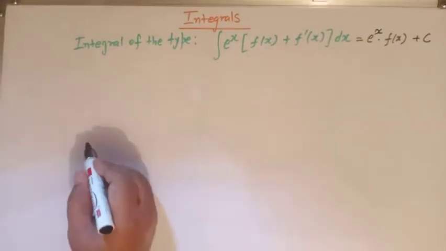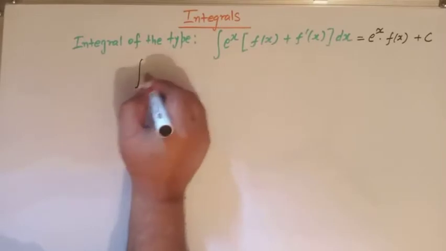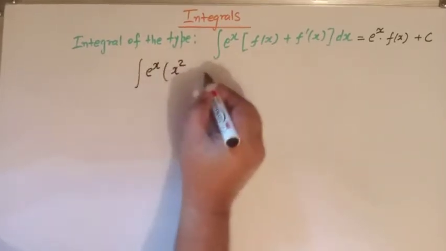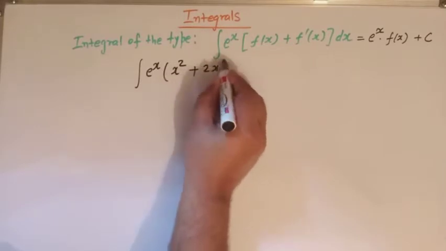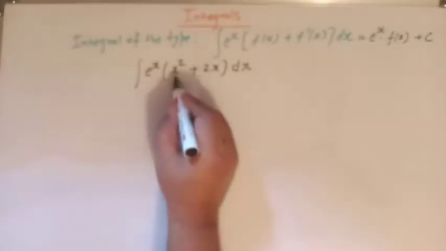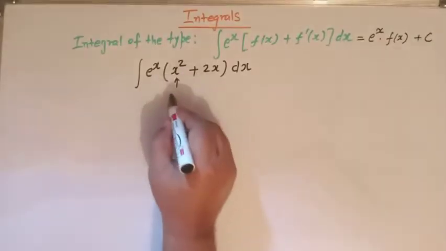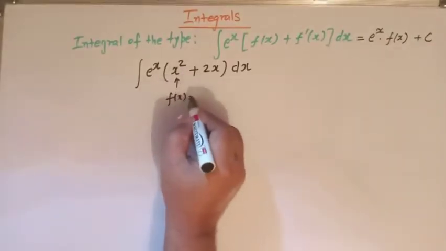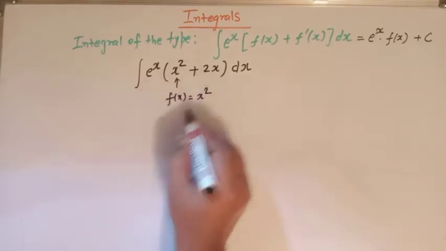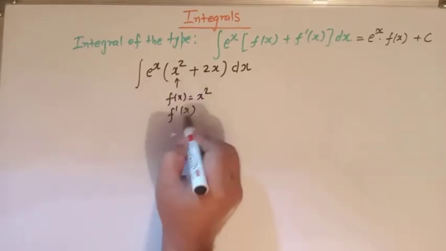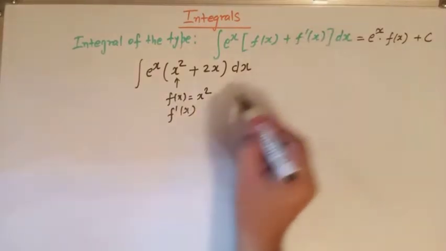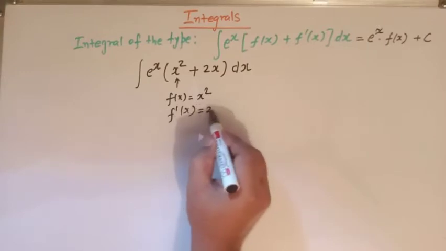Let us take an example. Suppose we have an integral of this type. Say this is x square and we have 2x. Now see here, if we assume this function x square as f of x, then f prime of x denotes the derivative of f, so this is 2x.